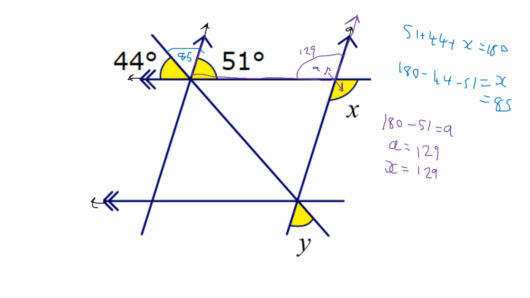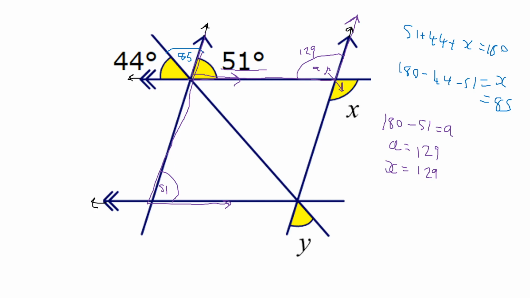Okay, what else can we figure out from this mess of a problem? We've got X, but we still need to work out what Y is equal to. We can see that 51 can be written here as that too is corresponding. Right? So this is also 51. What else can we figure out from here?